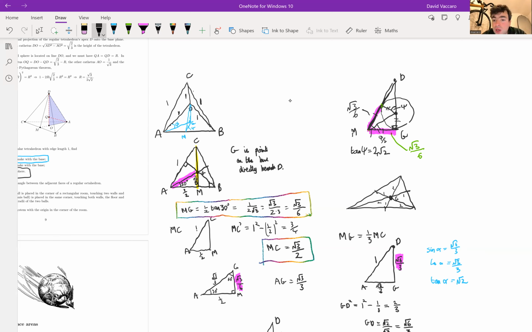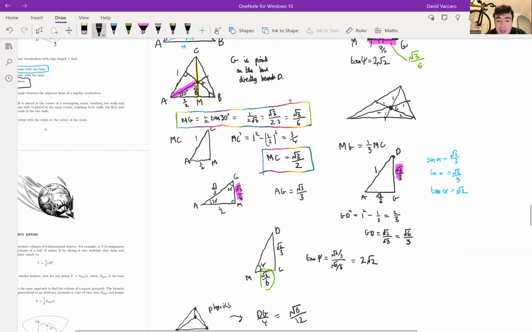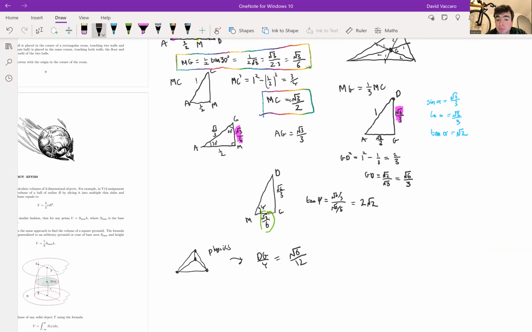We can find the total distance MD by Pythagoras. Okay, so if we look at this triangle, we've got MD, DG, and MG. We can say that MD squared is equal to √3/6 all squared.